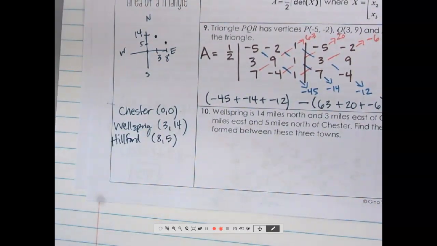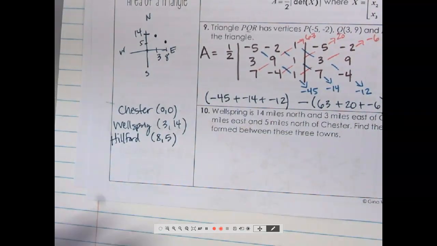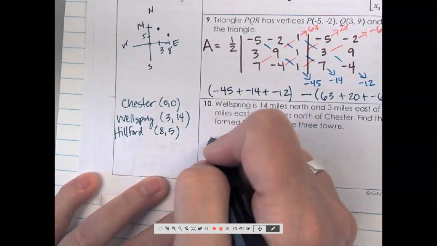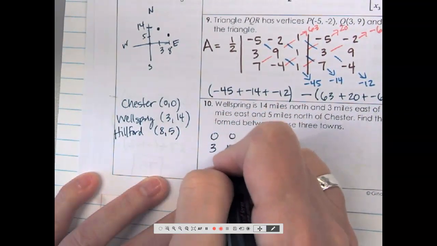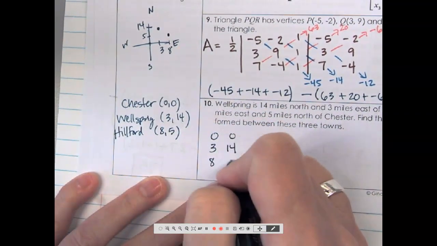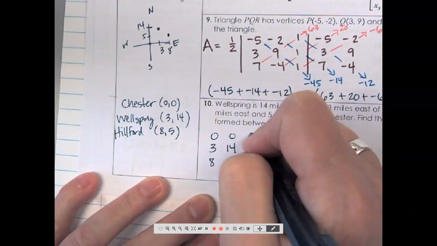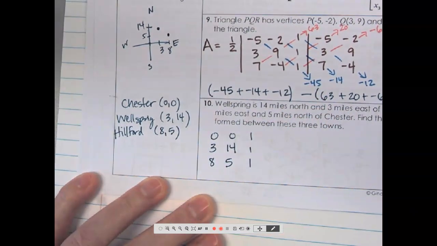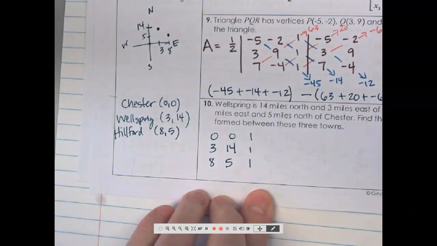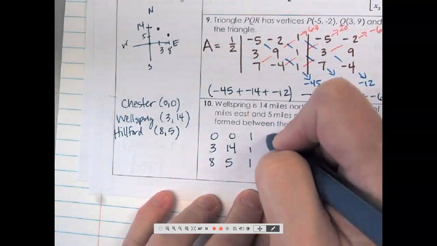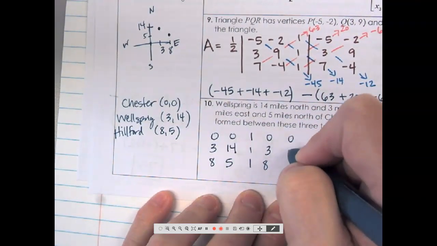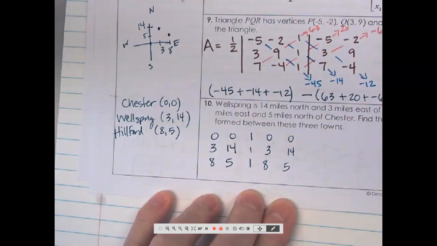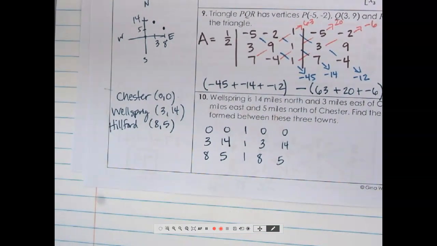I will make my determinant that will look like this: 0, 0, 3, 14, 8, 5. The third column is all ones. But I've got to repeat the first 2 again: 0, 3, 8, 0, 14, 5. So that I have a total of 5 of them.